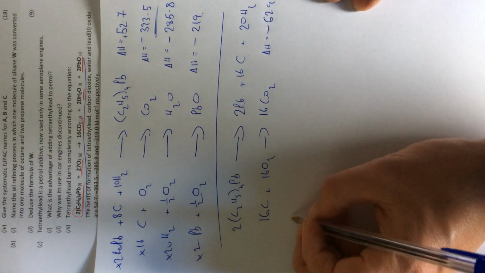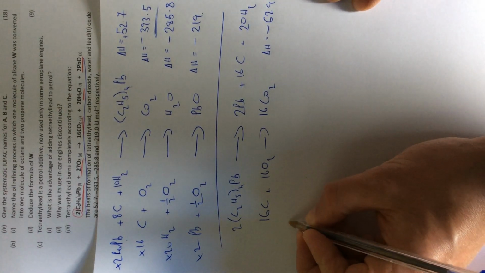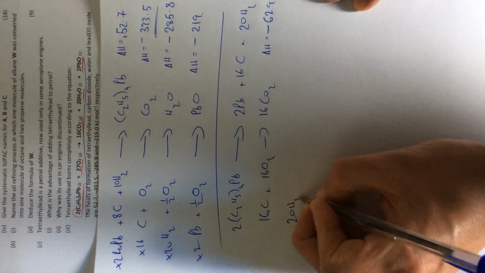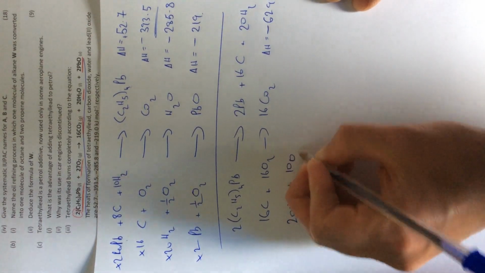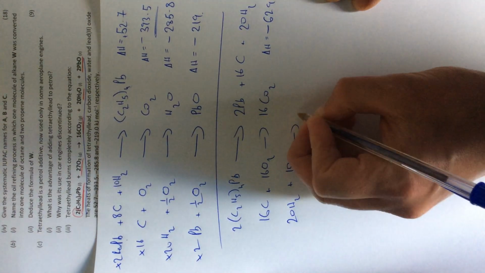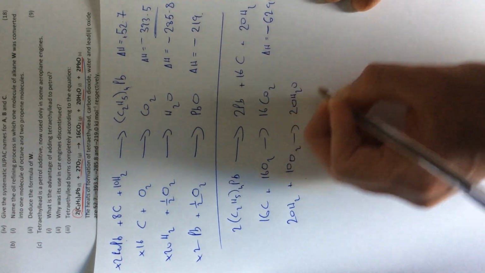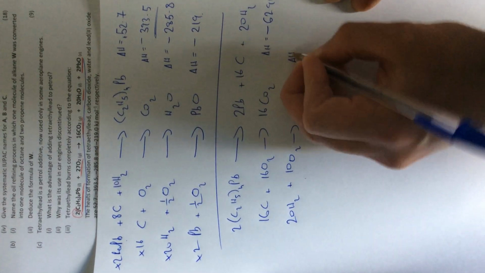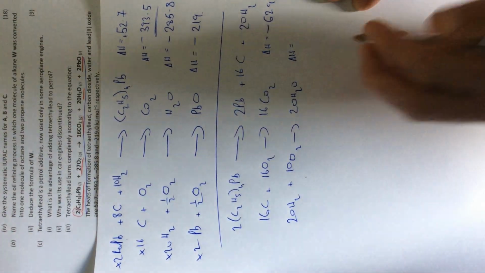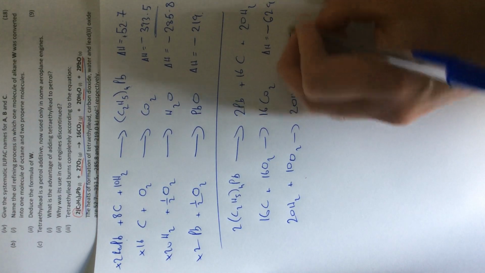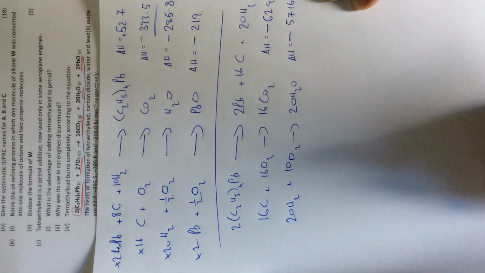Next one then is going to be H2, so it's going to be 20, multiplying by 20 H2 plus 10 O2, and that's going to give you 20 H2O. So again, multiplying this by 20, you end up getting minus 5716.